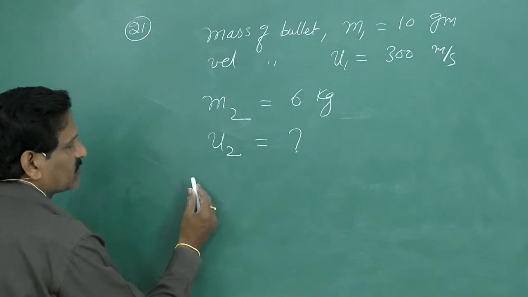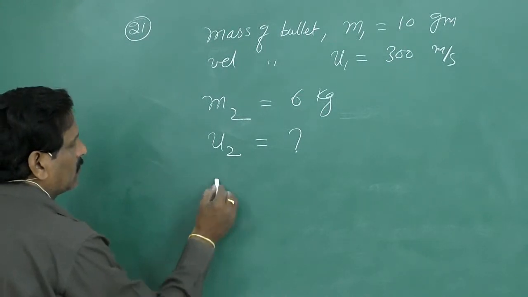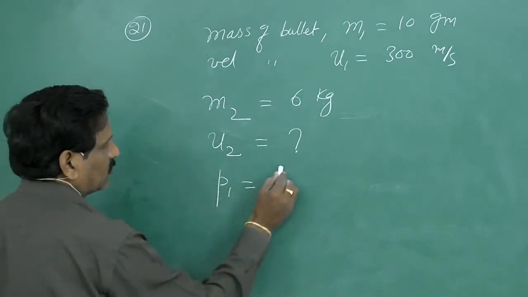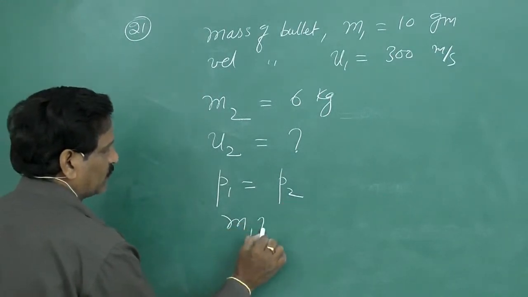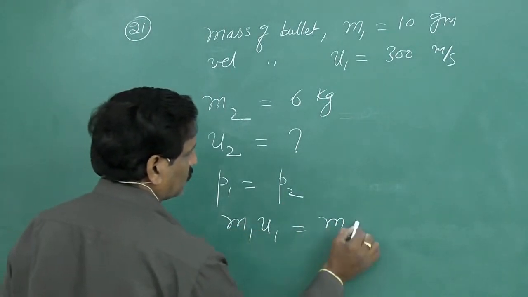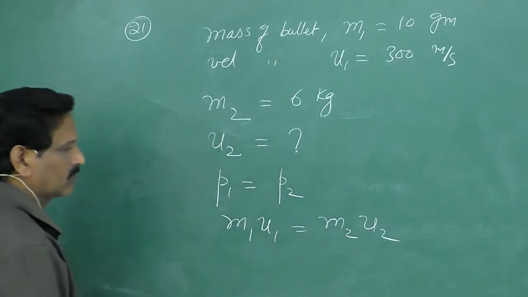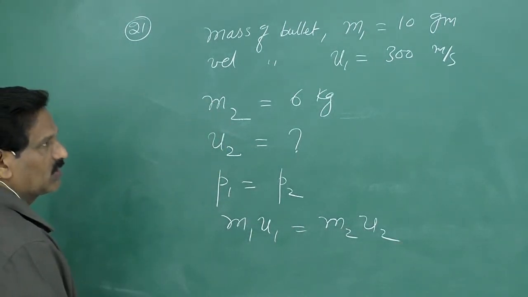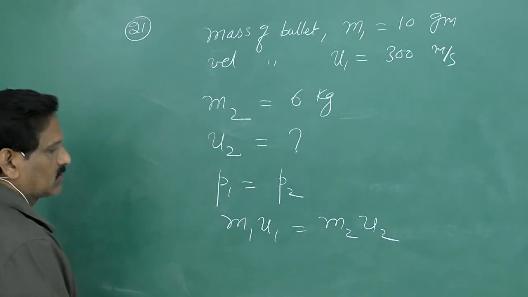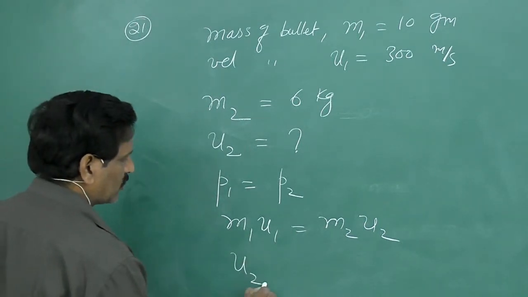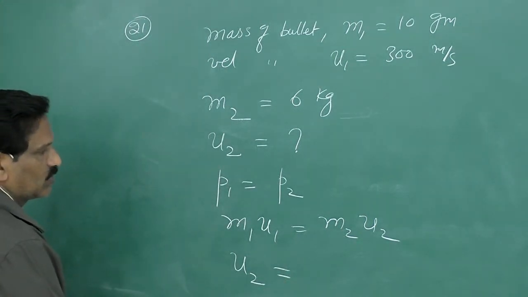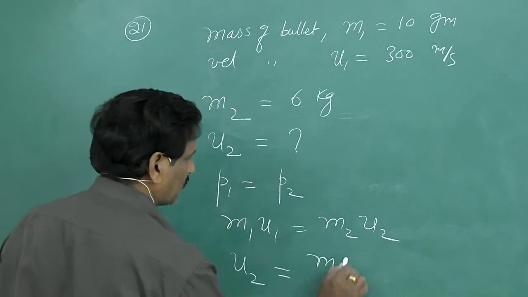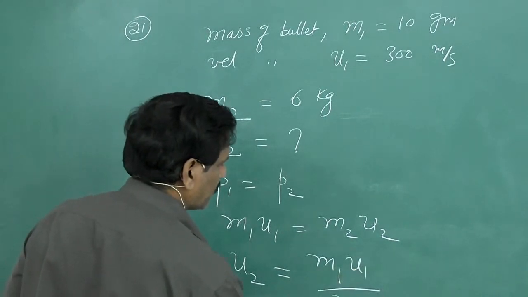So from the law of conservation of linear momentum, P1 is equal to P2 in magnitudes, that is M1 U1 is equal to M2 U2. Momentum of the bullet is equal to momentum of the gun in the opposite direction. So U2 we have to calculate, that is the recoil velocity of the gun. So U2 is equal to M1 U1 by M2.